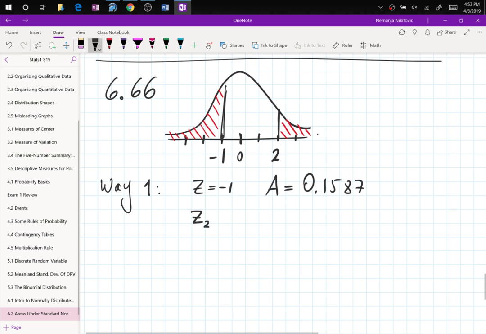You see the notation? It's kind of bad notation, but that's what it is. So alpha is 1 minus the area for 2, which is 0.9772, which is 0.0228. And now the area we're looking for is to simply add these two numbers.